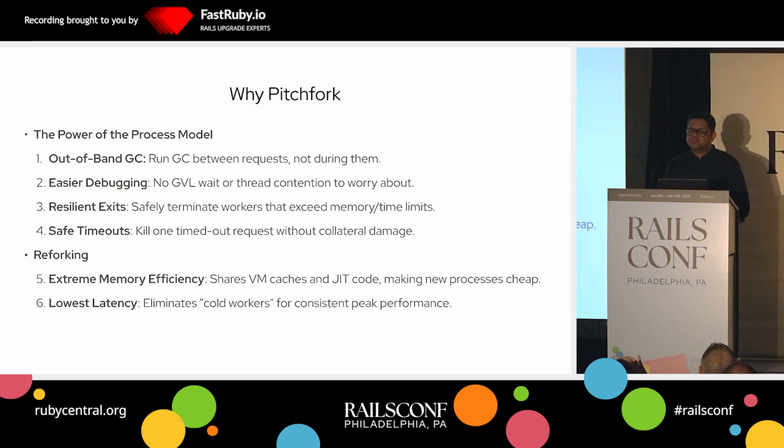Second, Pitchfork builds on that foundation with its unique innovation, reforking. This provides two key advantages. It achieves significant memory efficiency by sharing the JIT cache and other VM artifacts that are normally private. And critically, it delivers a low and consistent latency because reforking ensures every new worker is a perfect pre-warmed copy.